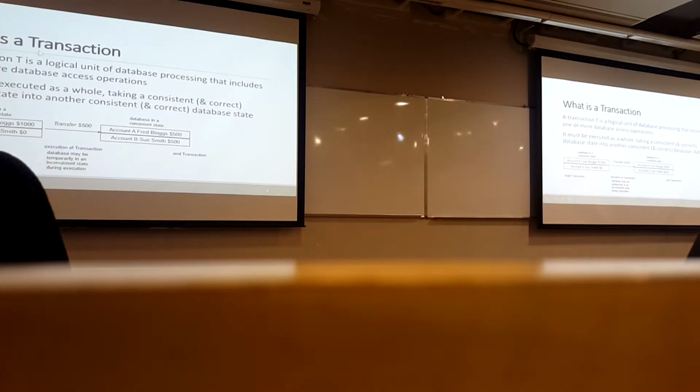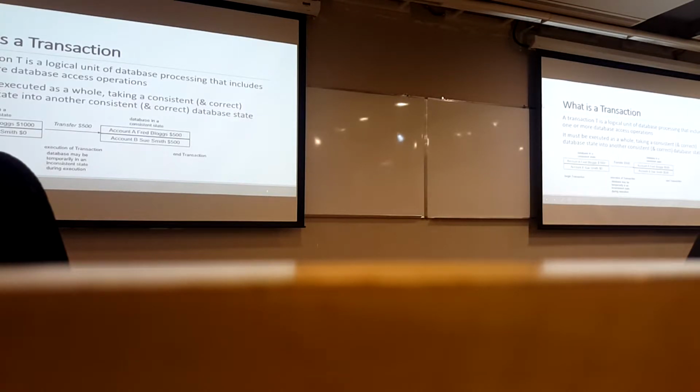All right, so what is a transaction? You will be seeing a lot of T, okay? T1, T2, T3. We use T to denote our logical unit of database processing. Remember, it's a logical unit, meaning we aim to put them together, but eventually they need to be executed by the computer.